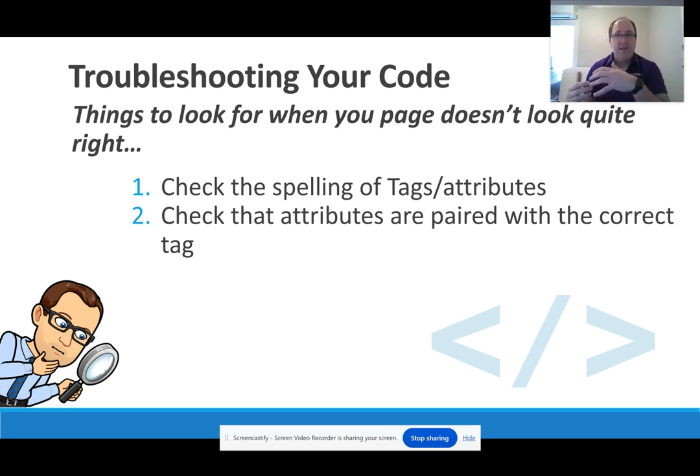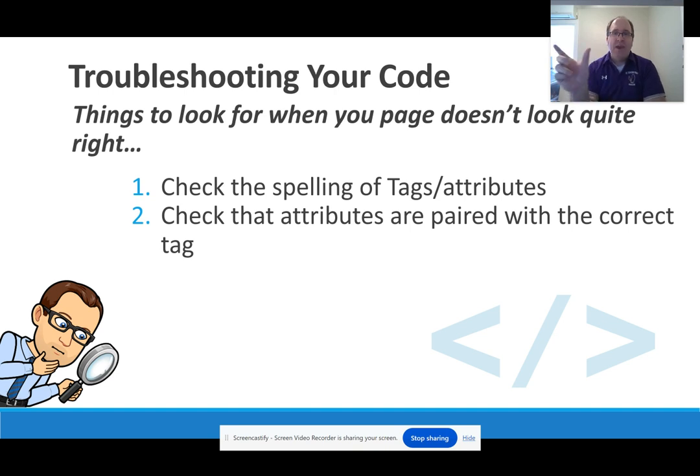But we're also going to see that some properties are standalone attributes. So some of the properties might be included with the style attribute, others will be included with an attribute called color or an attribute called align or something like that. So let's make sure, first of all, that you have that settled out. And then, are the attributes put with the right tag?